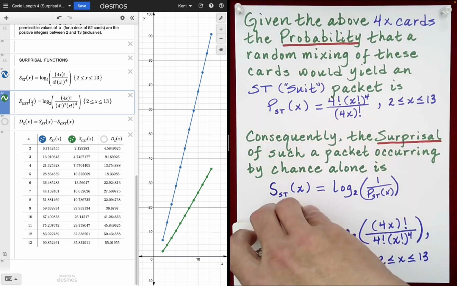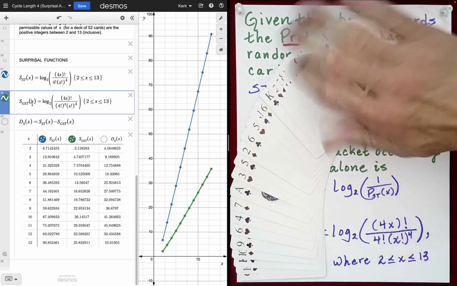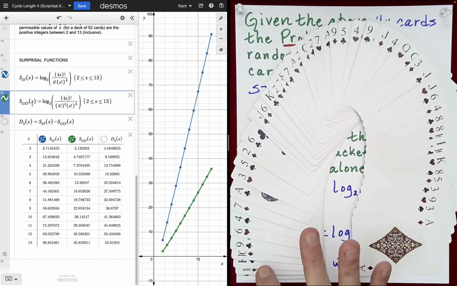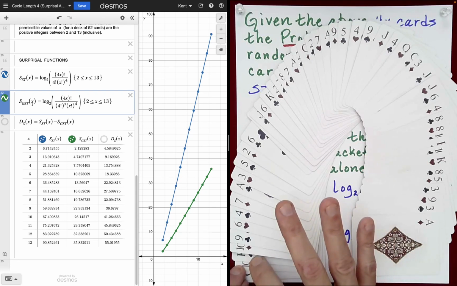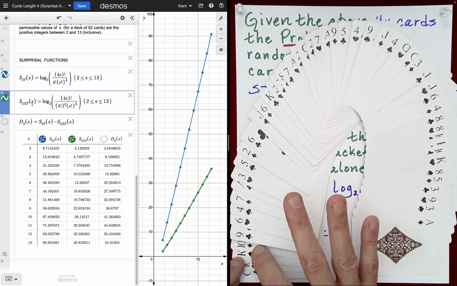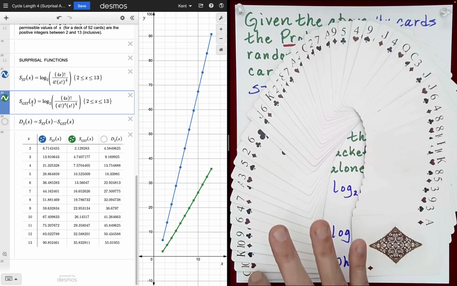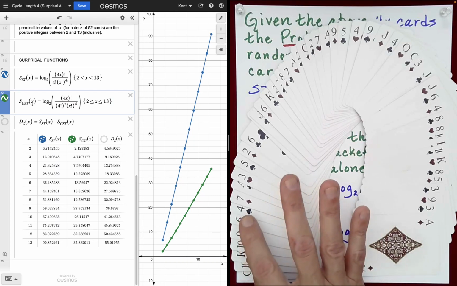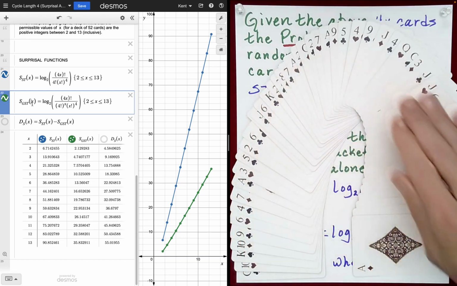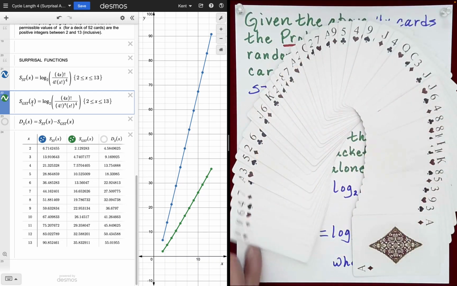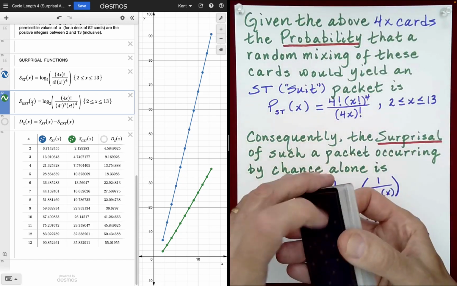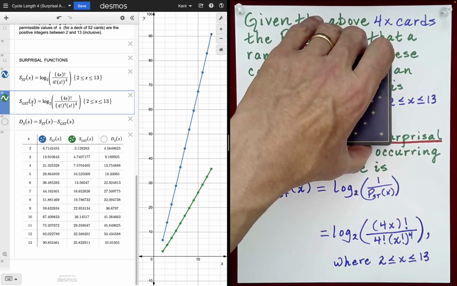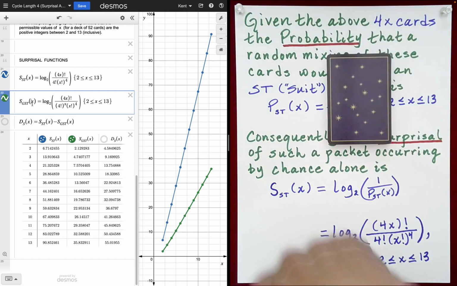So let me just show you the best I can that I have set up the entire deck as a cyclic packet with cycle length 4 that cycles through all 4 suits in a consistent ordering. So I have clubs, hearts, spades, diamonds, clubs, hearts, spades, diamonds, all the way through the deck of 52 cards. Now, as we've already seen, it's extremely unlikely that a randomization of a deck of cards would result in such a highly structured organization of the cards.